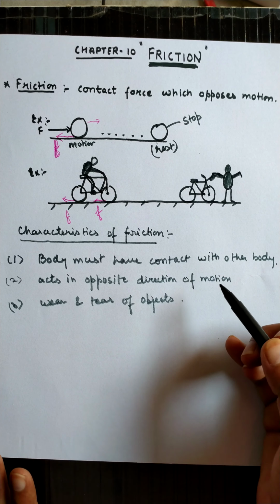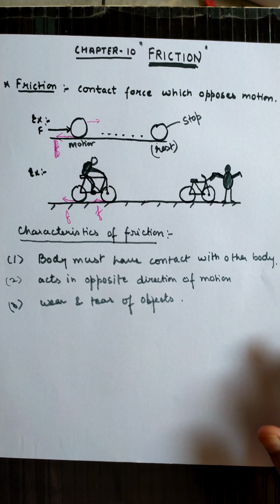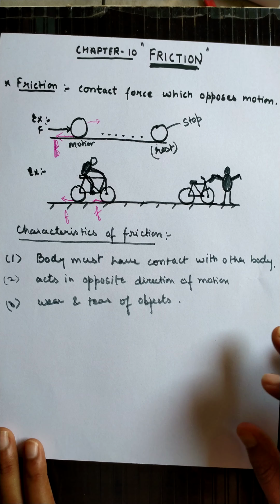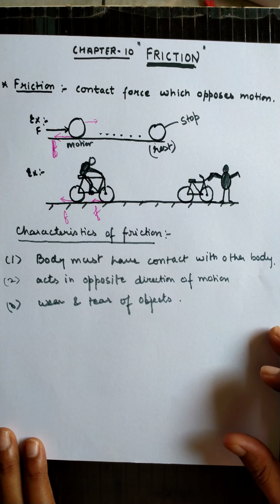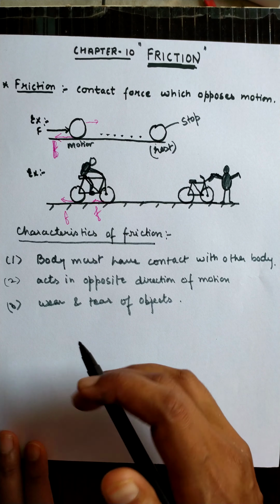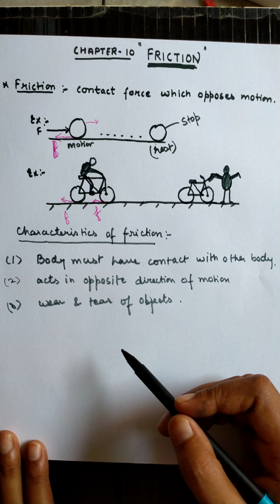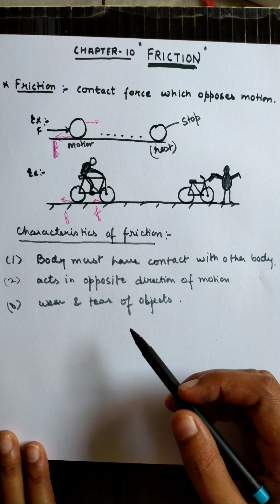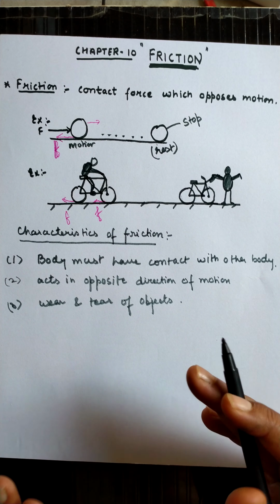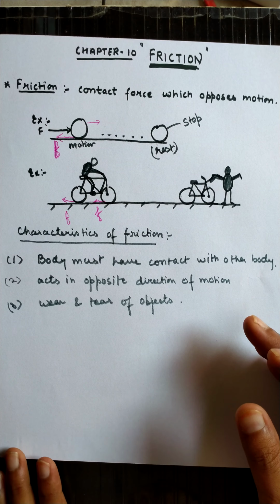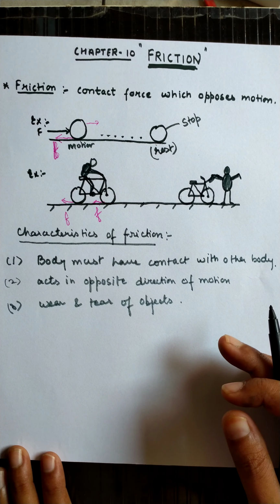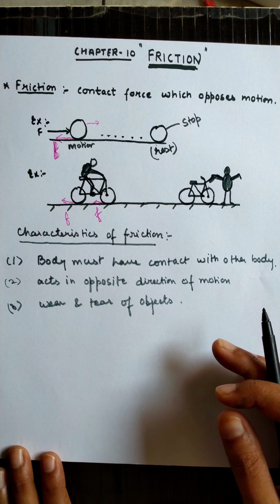Okay students, one more thing is that friction is also responsible for causing a heating effect. It causes heating of the surfaces in contact. Like if you rub both of your hands with each other, you will feel a heating effect.